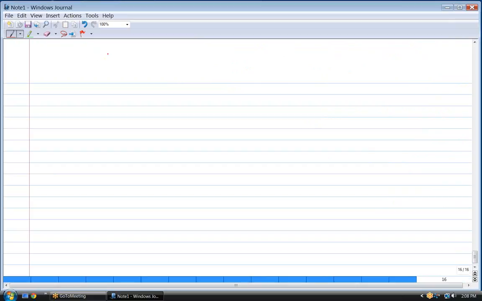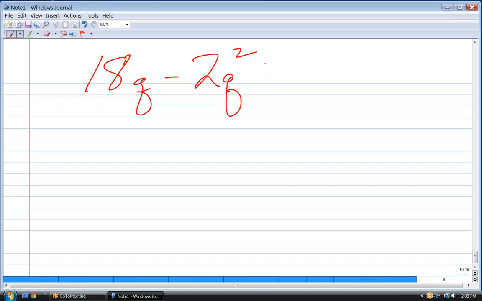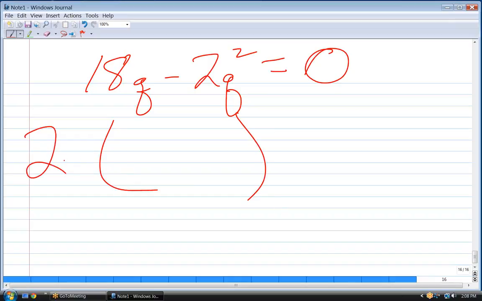Okay, next one is 18q minus 2q to the power of 2 equals 0. Factor that. Would the highest number be 2? And then it would be q. And then on the inside, it would be 18 divided by 2.